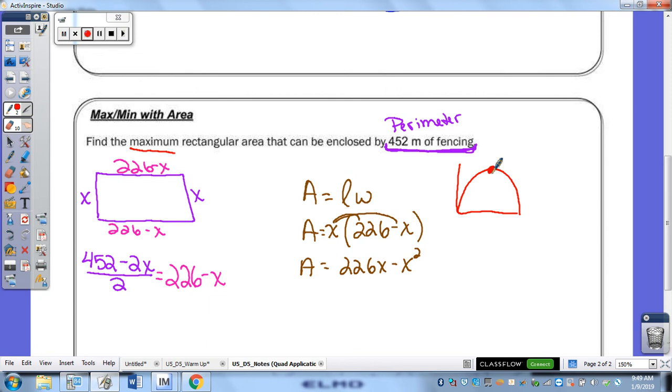So in order to do that, we've got to start first with negative b over 2a. That's going to help us find the x part of that. So our b value is 226 over 2 times negative 1, which would be negative 2.